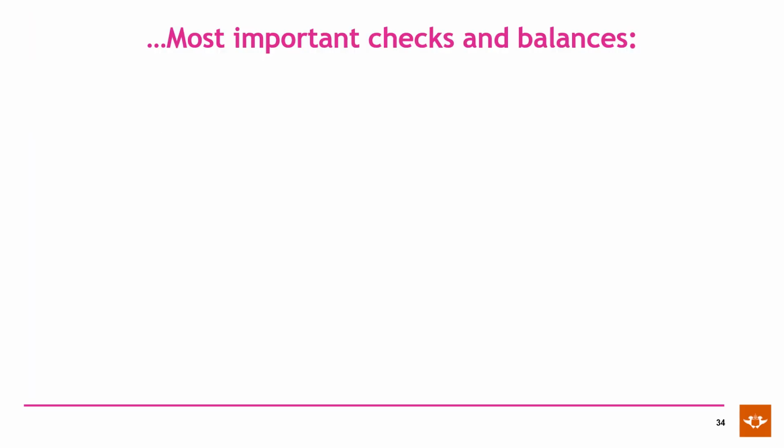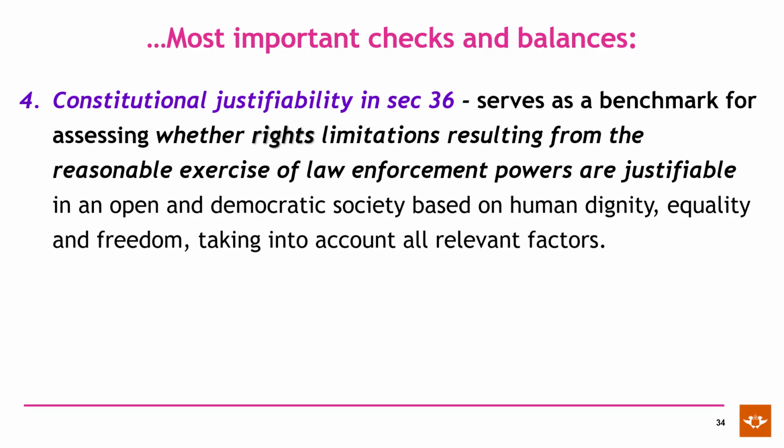Apart from the important common law and statutory checks and balances that we've discussed, it is also important to look at the checks and balances in the Constitution. The first very important one is the constitutional justifiability in Section 36. So Section 36 effectively says that any right in the Bill of Rights may be limited under certain circumstances.